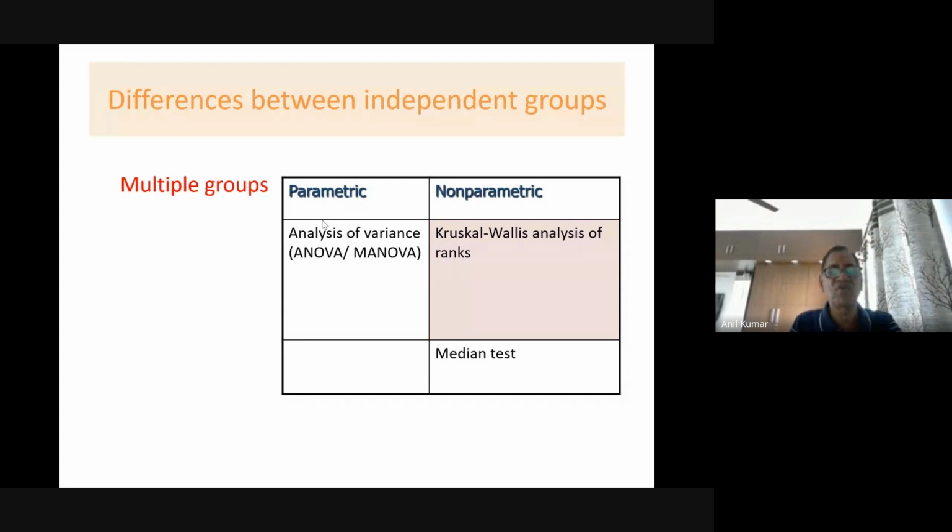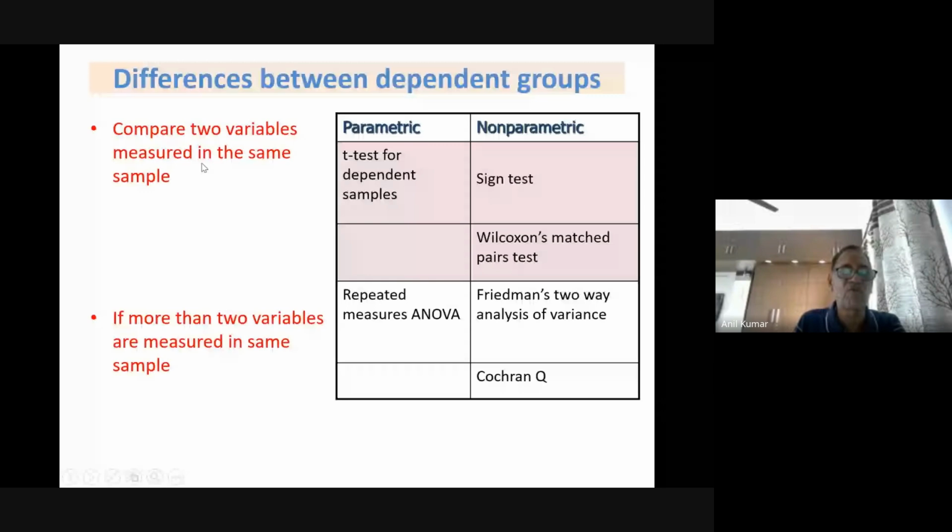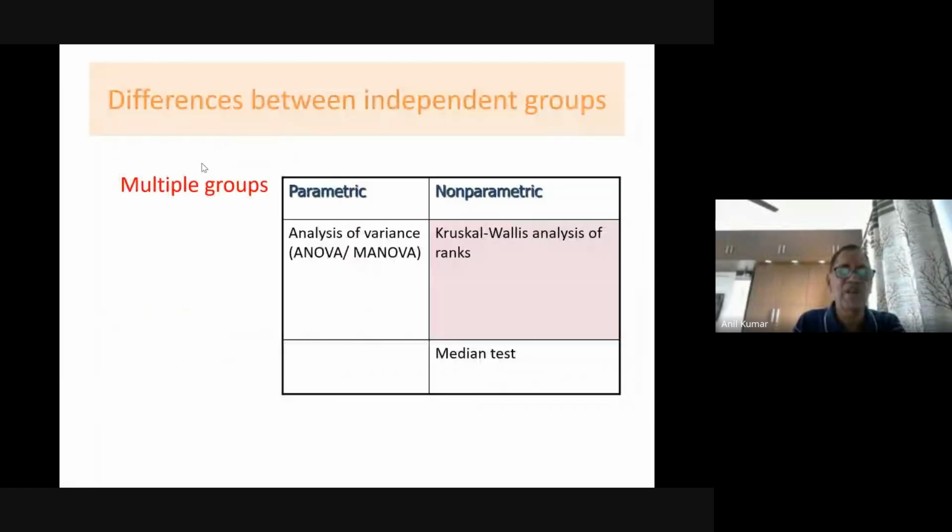And this is to see the difference between groups. When two groups are to be compared, use the earlier tests; this is when multiple groups are to be compared.